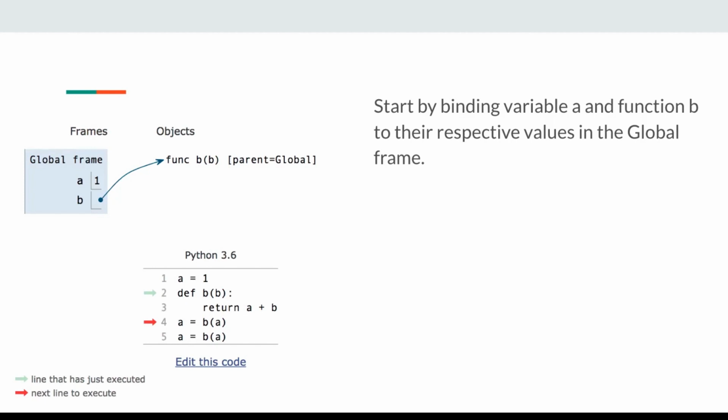A in the global frame would only change because we're saying A equals BA. So it would return 4 in frame 1 if we set A equal to 3 between lines 2 and 3, and then A in the global frame would change because in line 4 we said A equals the return value of that.